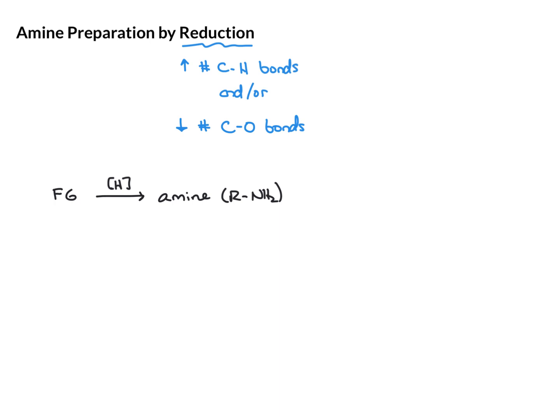And the functional groups that we can actually reduce to get to amines include nitro groups, amides, and nitriles. And what we're going to find is that effectively when we're doing reductions, we're adding hydrogen to these molecules to do the reductions. So let's look at each one in a bit of detail.